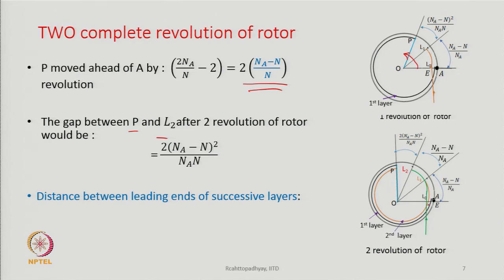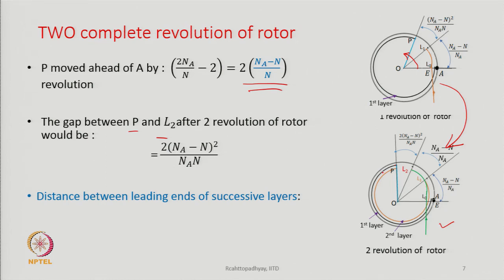See, 2 revolutions of the rotor are shown in the diagram here. This is for the 1 revolution, from here we are going there. So, now P is here, and when P crossed the point E, another layer started building up, which is shown by the green color.